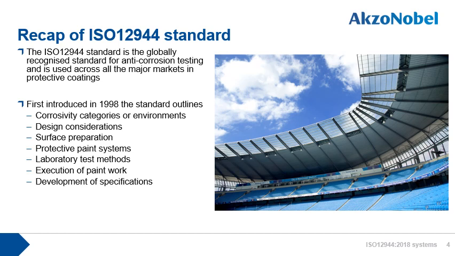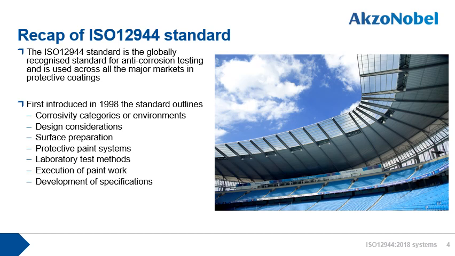Paint systems. Part 5 of the standard gives recommendations for paint systems to be used in a given environment for a given durability. This section has gone through a significant change in this revision of the standard, and we will be covering that in greater detail during this webinar. Test methods.